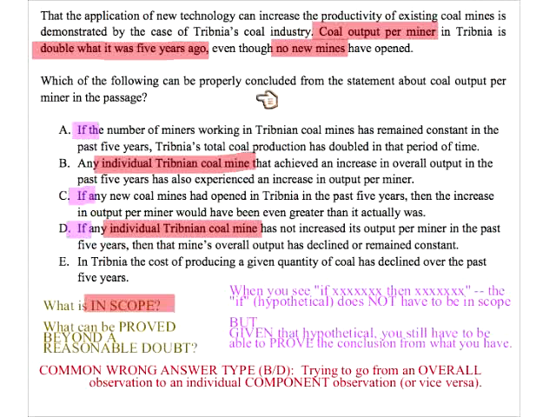Cost is out of scope. We don't know anything about cost. So any answer choice that discusses cost is incorrect. And then choice E, or choice C, if any new coal mines had opened in Tribnia.